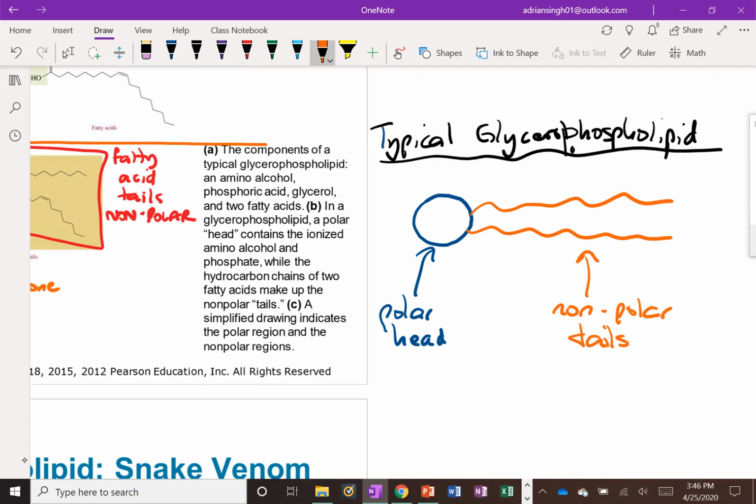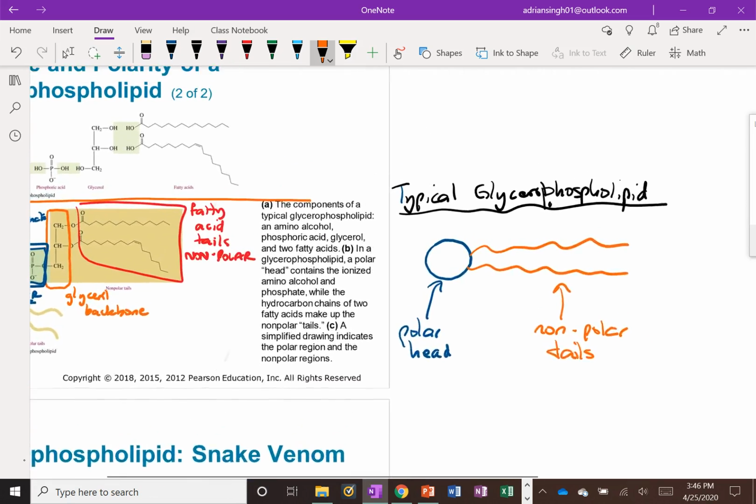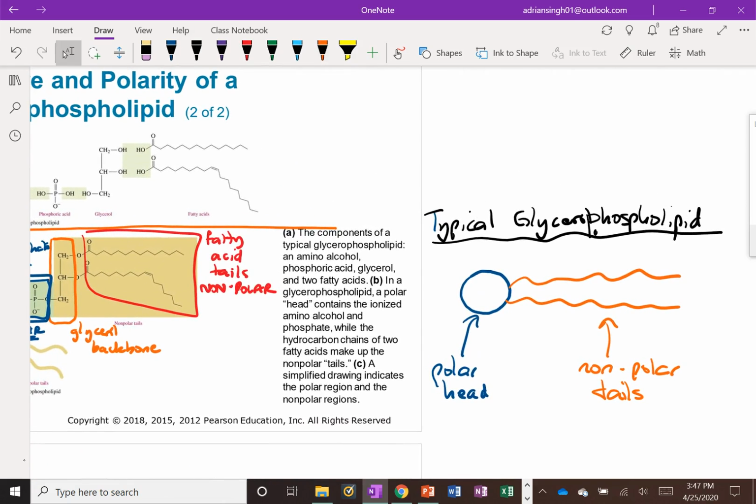Okay, and this is a really simplified way to look at these glycerophospholipids, but it does explain a lot in terms of how these molecules are going to behave when they are in contact with each other, but also when you put them in water, for example.